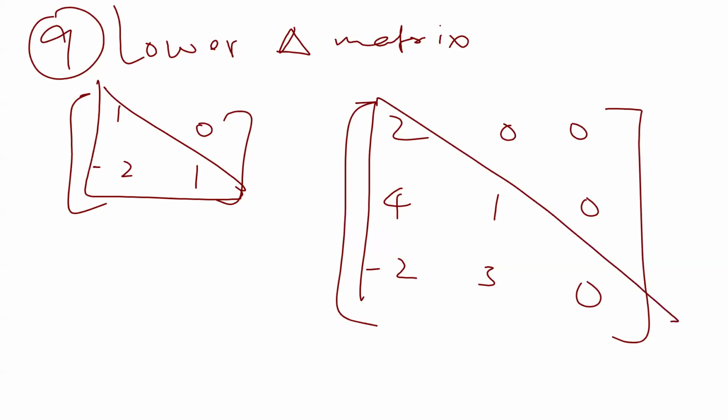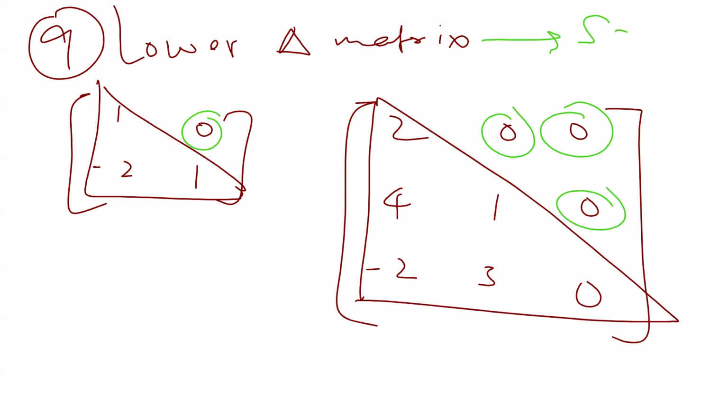So this is a lower triangle. These things should be zero. Now this is a square matrix as well. Upper triangular is required in some of the cases. Lower triangular you will hardly require in any of the problems in the chapter.